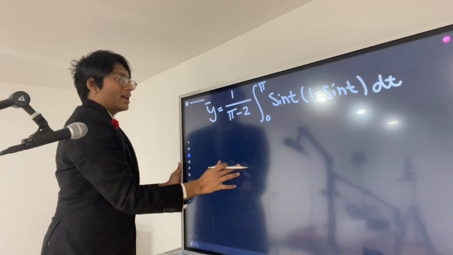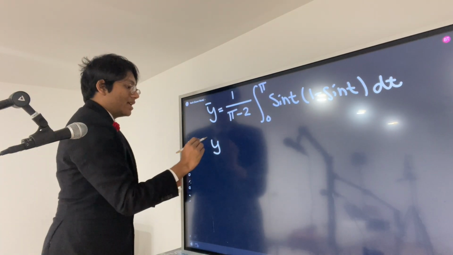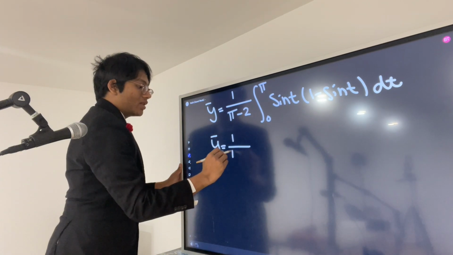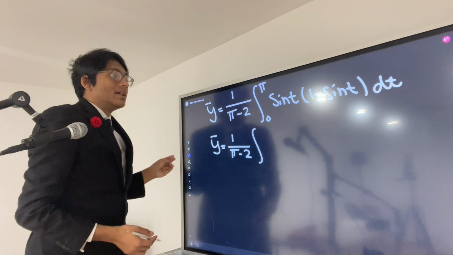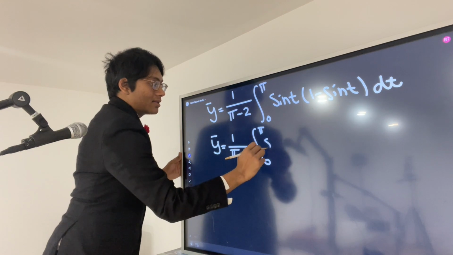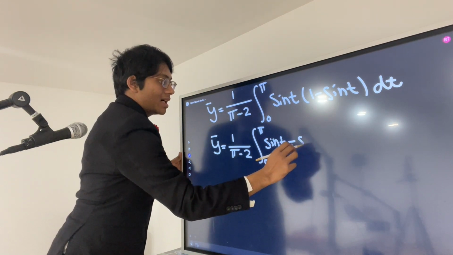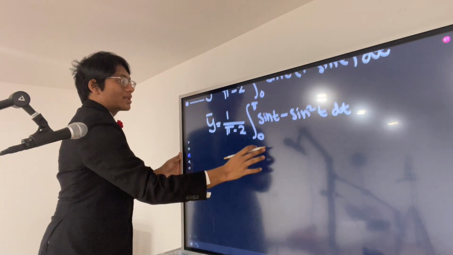And so what do I have now? I have this integral. All I have to do is this integral to find my center of mass in the y direction. So I have 1 over pi minus 2 times the integral. Well, let's actually do this step by step, because this integral is a bit more complicated. So I distribute. I'll have sine of t minus sine squared of t dt. And so what comes next?